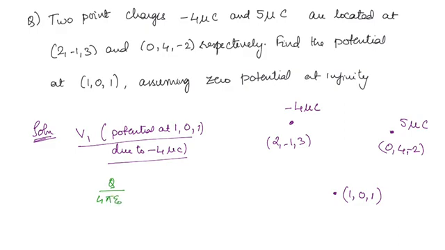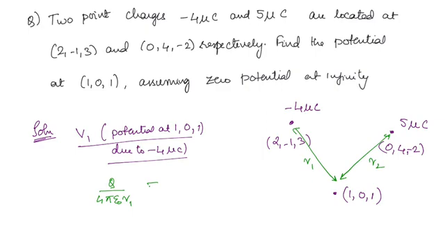Unless specified otherwise, epsilon will be epsilon naught, because usually we take the charges to be in free space. What is R? R is the distance between the two points. We will take R1 to differentiate between this distance and this distance. So this is Q by 4 pi epsilon naught R1.